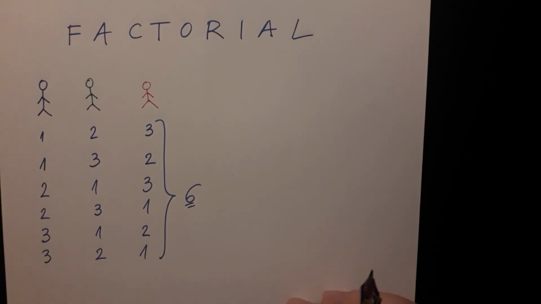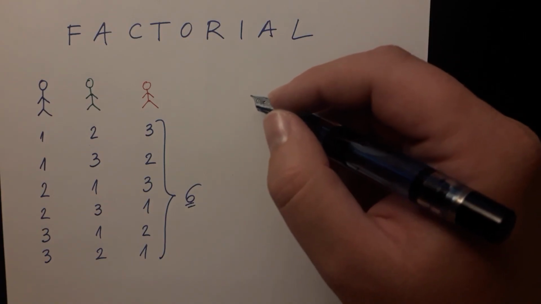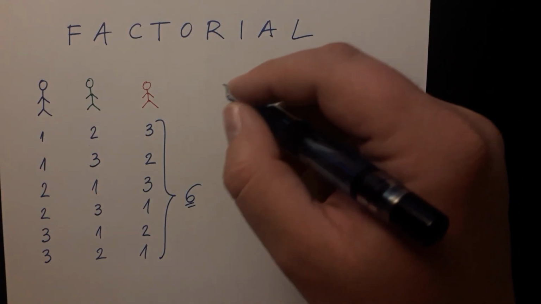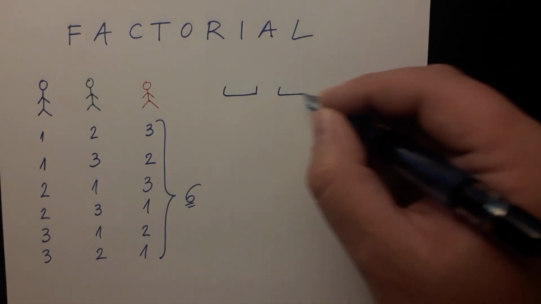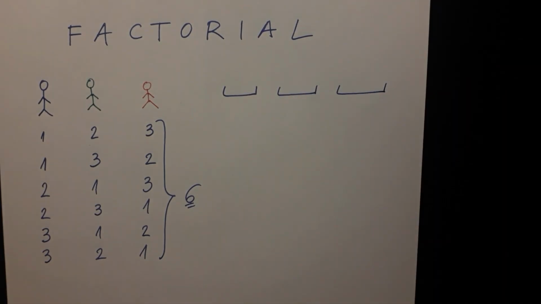So let's approach this problem from a different standpoint. You have 3 people and you look at it this way. They have to be arranged in these 3 spots. For the first spot, there are 3 persons competing, so let's write 3 here.